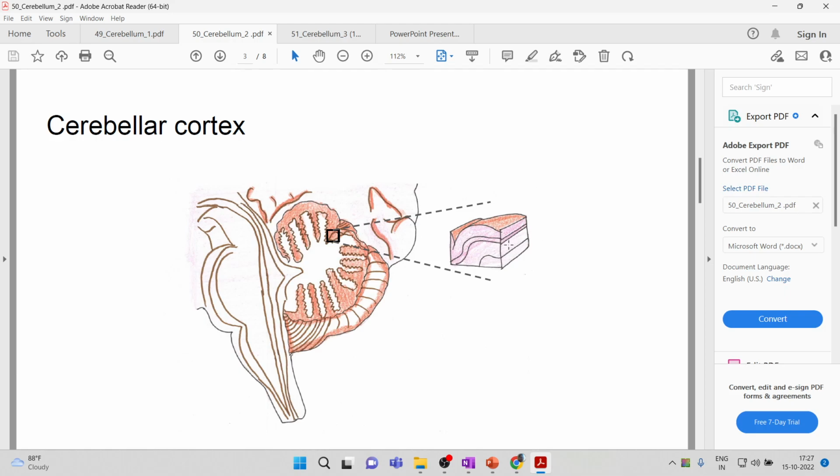The cell bodies of the Purkinje cells are in this layer, and then their axons go deep into the cerebellum and synapse with these output structures, the deep cerebellar nuclei, which are actually output structures. And then the dendrites of the Purkinje cell go into the molecular layer. So thousands of dendrites of the Purkinje cell go into the molecular layer, and that is what the molecular layer comprises. So this is a brief overview of what the different layers are in the cerebellum.